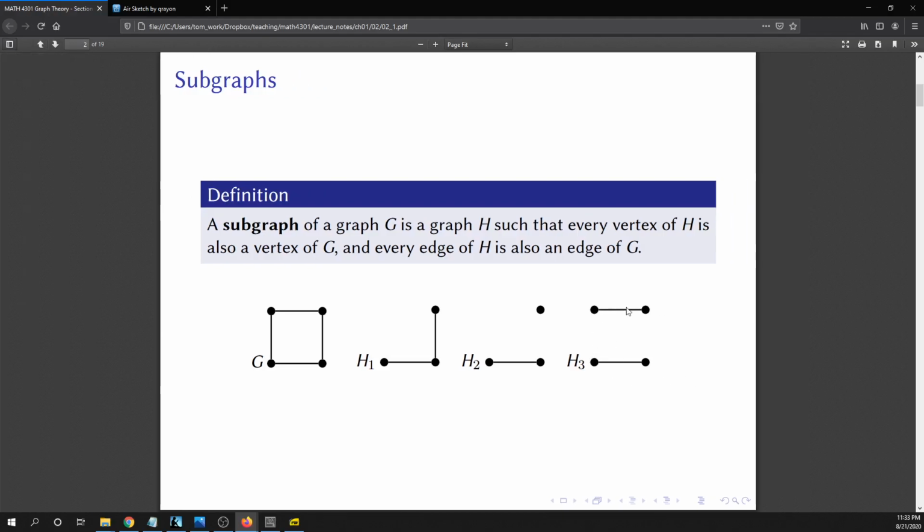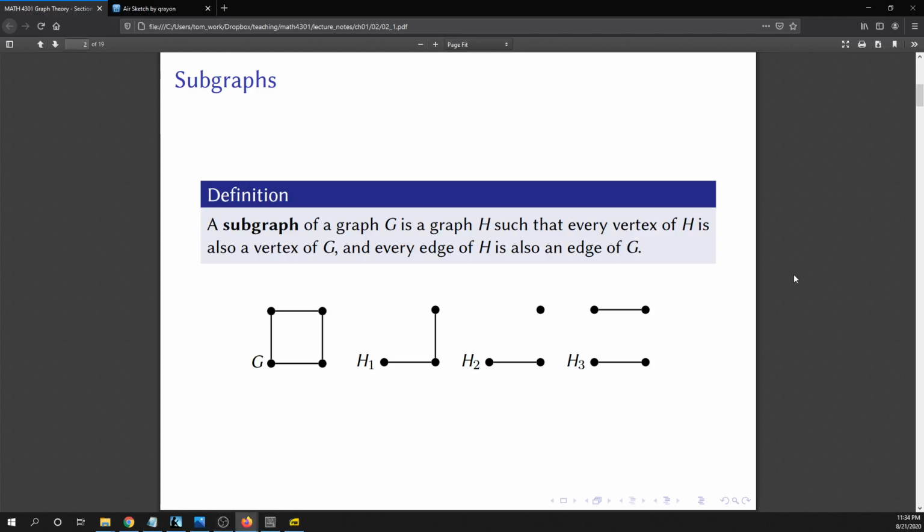And then H3, I've got all four vertices, but only these two edges up here. All right, so all three of these are just different subgraphs of this graph G. Okay, and so that's pretty much all we're going to say about subgraphs.